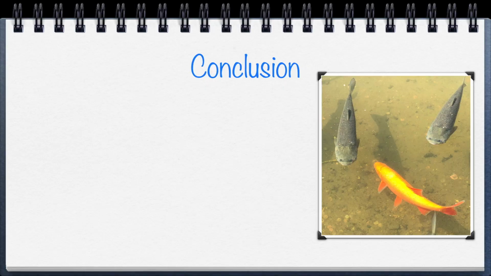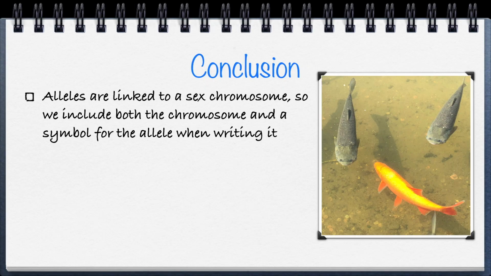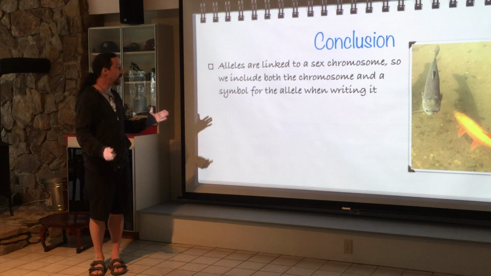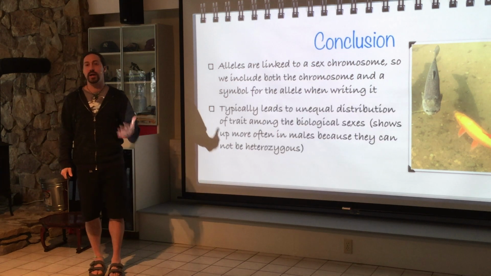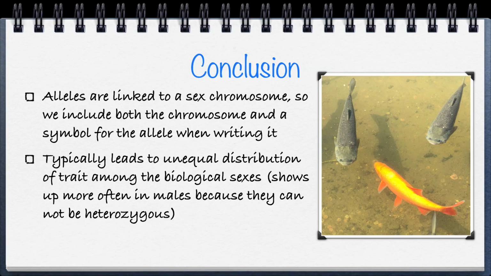In conclusion, some alleles are attached to the sex chromosomes, and that means when we are going to write them down, we like to differentiate which chromosome they are attached to, just to make sure that we are keeping track of where they are. Next, because they're not on autosomal chromosomes, they don't follow the exact same inheritance patterns as autosomal chromosomes.